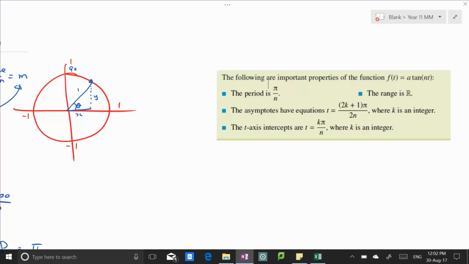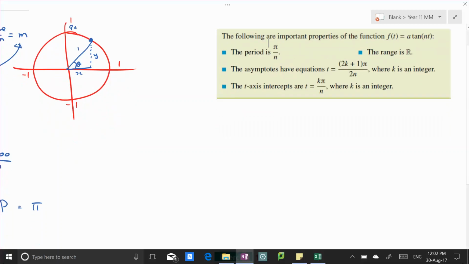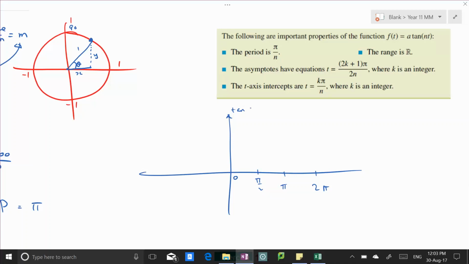All right, let's draw one cycle of the graph so you get a picture or an idea of what it looks like. Here we go. This is my axis. 0 degrees is here. If I just label pi/2, pi, 2pi, and we were to describe the situation, it started off at 0. For a tan graph, it starts at 0, then as I increase, it has a low gradient, but it's positive.